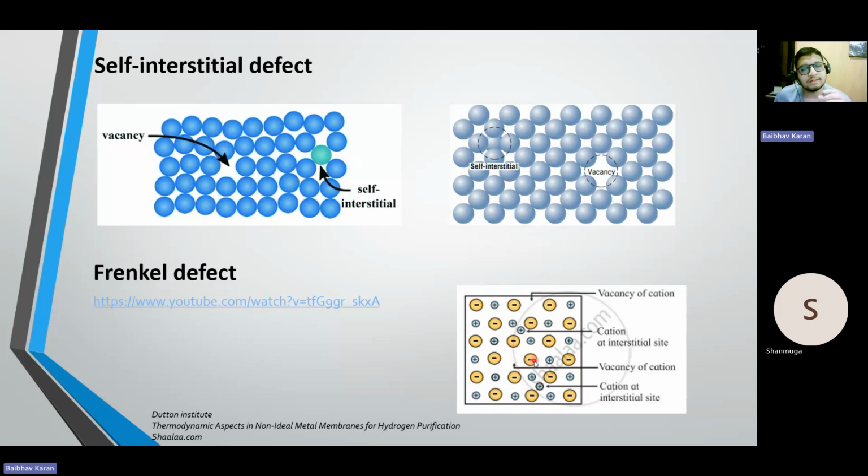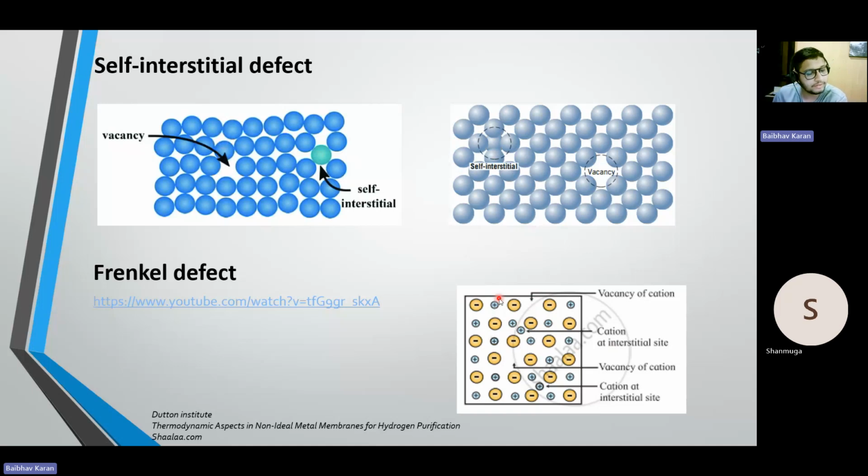Somebody can say that, okay, the cations are going and sitting in these different places, so there may be an option that the anions are also moving and sitting in a different place. Of course, there is a possibility of that. If the anions go and sit in a different place, there will be a creation of vacancy here, and a creation of interstitial defect in the other place.